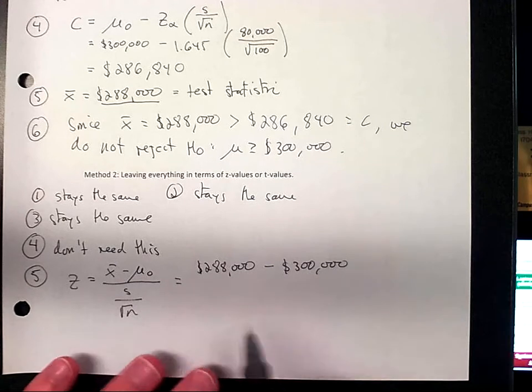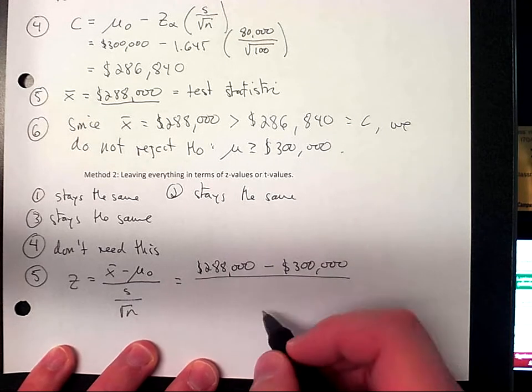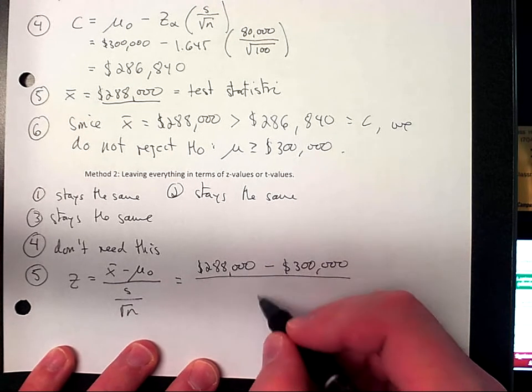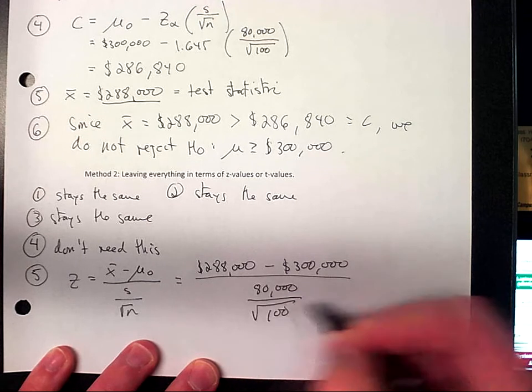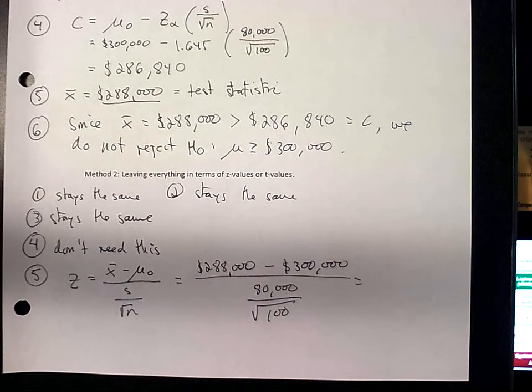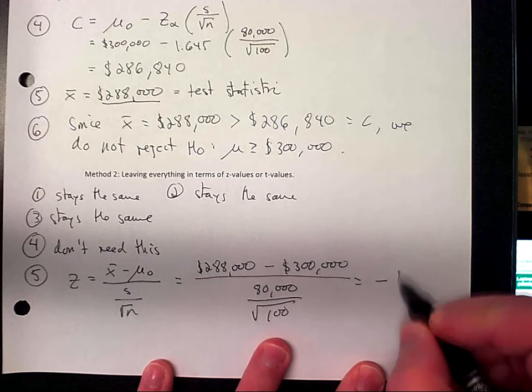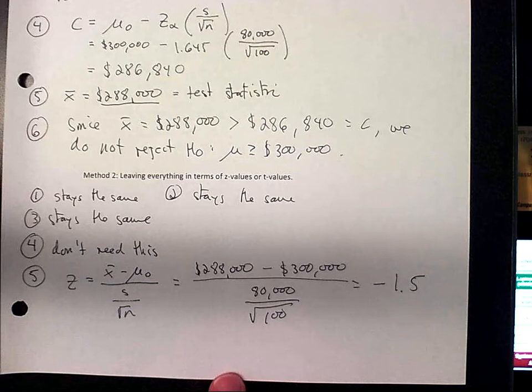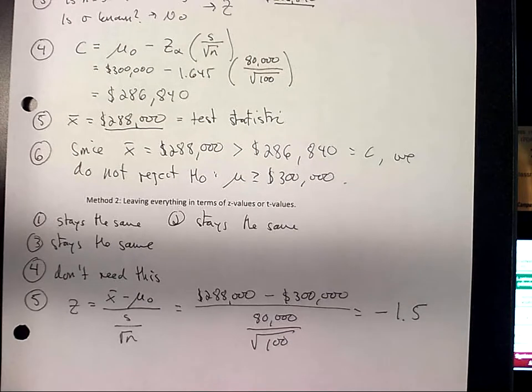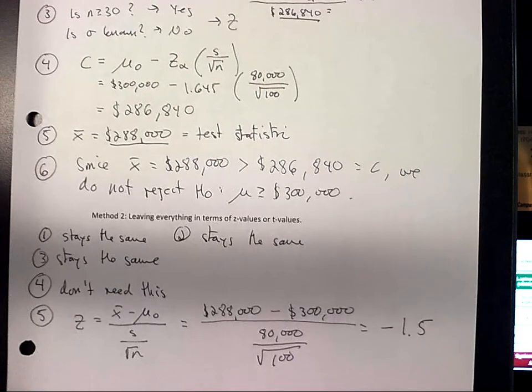So that's what we're getting from our hypothesis. And then our s, you guys already told me that this is 80,000, and our sample size is 100. So we get this right here. Everybody good with plugging in the values? All right, if you do this arithmetic, you end up with negative 1.5. Simple enough. We have that our test statistic is negative 1.5.